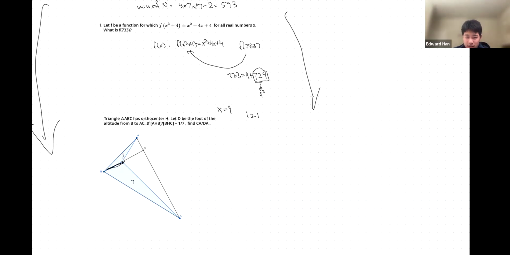Fortunately, our altitudes are also on this graph, which are AD and DC, and these are 1 to 7. So AD to DC is 1 to 7. It doesn't really matter what the values are, so I'll just let them be 1 and 7. So now we can find CA over DA, and that'd be 8. Is there any questions about this?